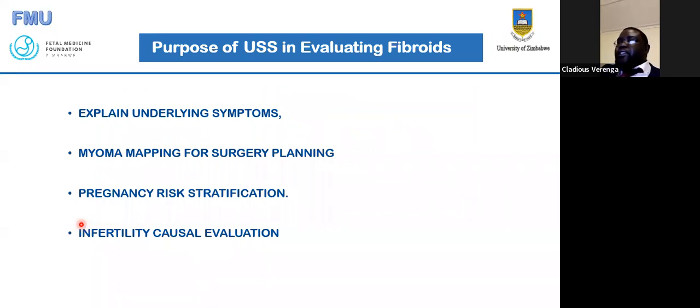Then what is the purpose? Why, when you are scanning a woman who has fibroids or who is suspected of having some pelvic mass, and those pelvic masses are fibroids, are you doing it? You are doing it because you want to explain the underlying symptoms, because normally these women come with symptoms, as you see in one of my slides.